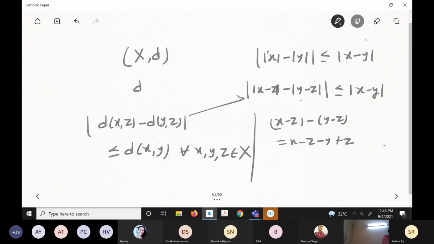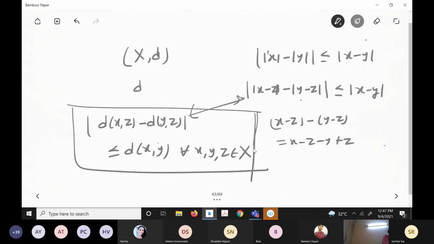Look, the proof is basically the same. You can look at the proof I have given here for the real line, the same proof works with an interchange. So this is a small inequality, but a very useful one. Don't forget it: the modulus of d(x,z) minus d(y,z) is less than or equal to d(x,y). So z is disappearing.